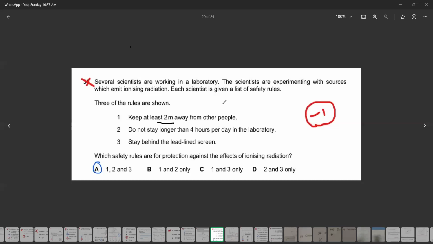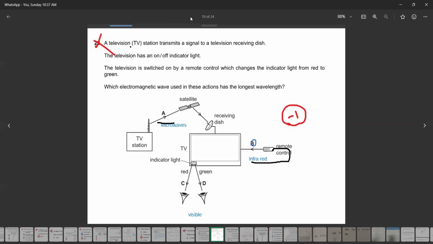Which safety rules protect against the effect of ionizing radiation? No, the previous answer was microwave because the question was which has the longest wavelength. Microwave has a longer wavelength than infrared and visible. If radio had been an option, that would be the answer.